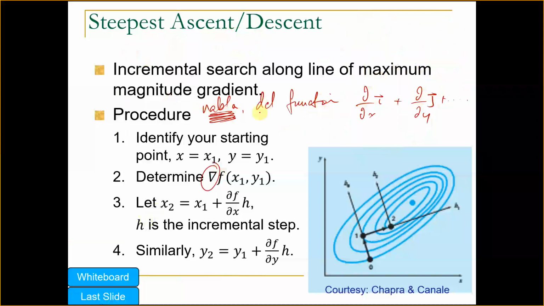That's what del function means, or otherwise written this way, with commas, or otherwise written like a vector like that. Okay? It's called the del function, but the symbol is called nabla. Just like how this symbol is called delta. Alright? Okay. I'm erasing this.